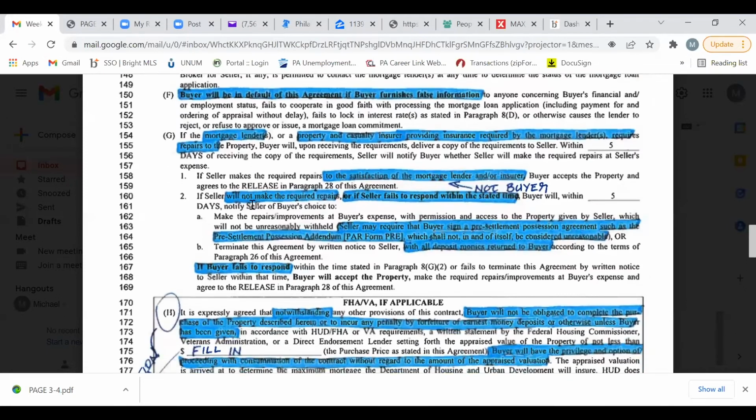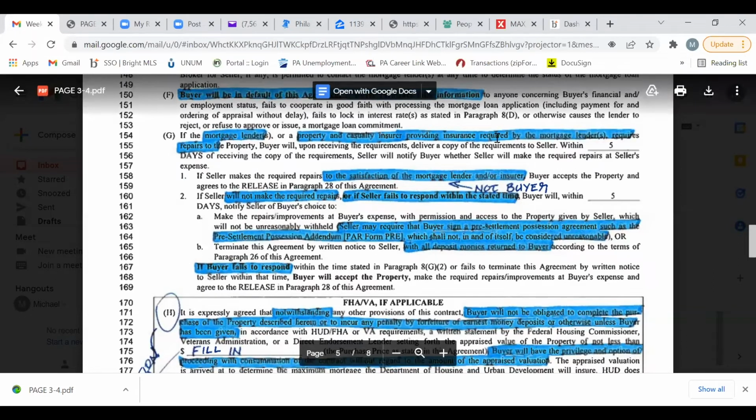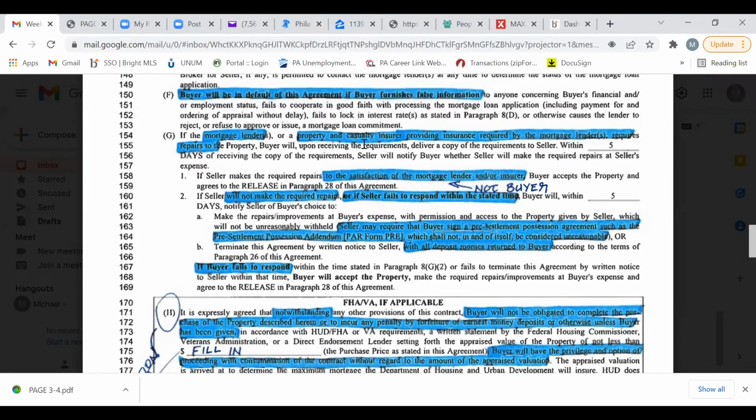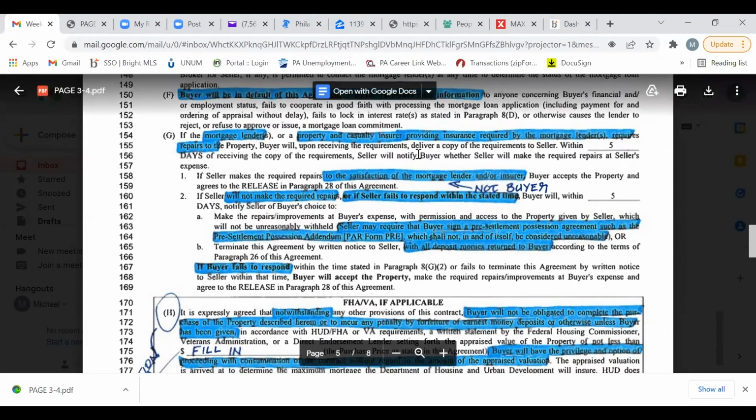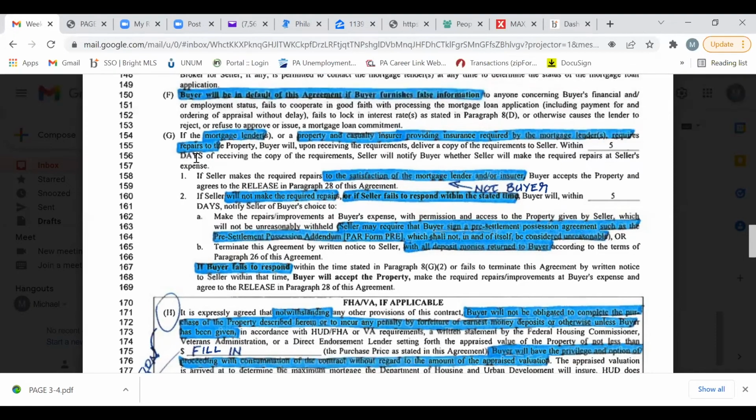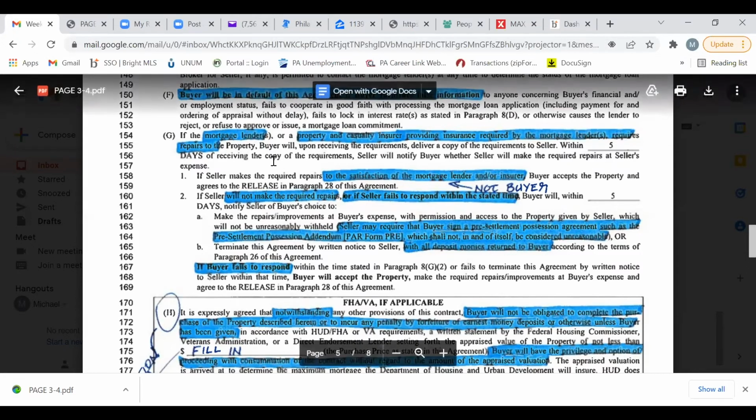G, if the mortgage lender or a property and casualty insurer providing insurance required by the mortgage lender requires repairs to the property, buyer will, upon receiving the requirements, deliver a copy of the requirements to seller. Within blank days, 5 pre-filled, of receiving the copy of the requirements, seller will notify buyer whether seller will make the required repairs at seller's expense.